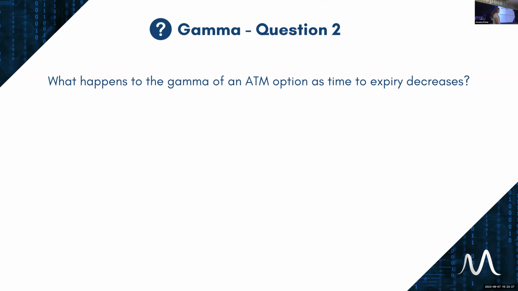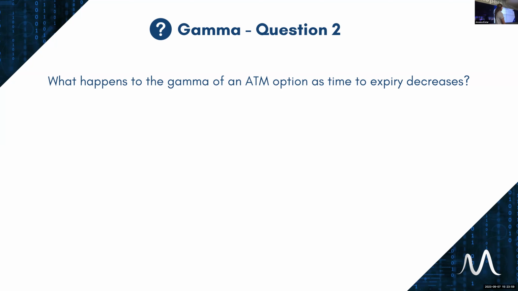So you can think of decreasing time to expiry as similar to decreasing vol. So what happens if you decrease volatility? What happens to your gamma? George? So when it's very close to expiring, the delta is like 0, 1, right? At the money, gamma is growing. Gamma becomes very high. Yeah, perfect explanation.